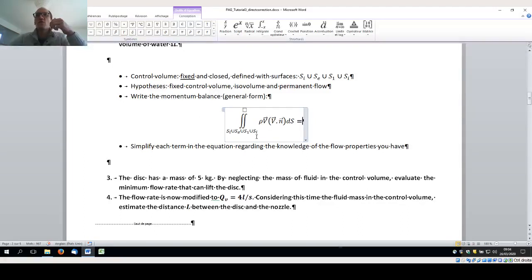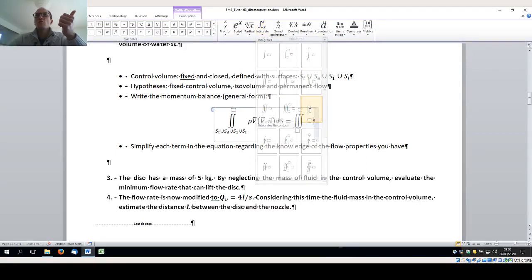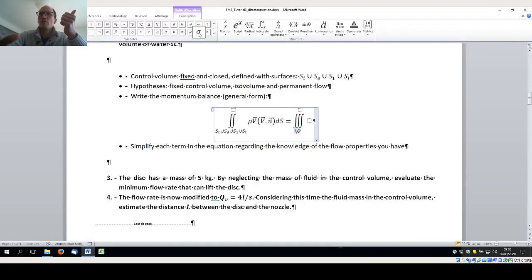The external forces are basically the volume forces, which we can express as an integral over the volume of rho g, where V is the volume.